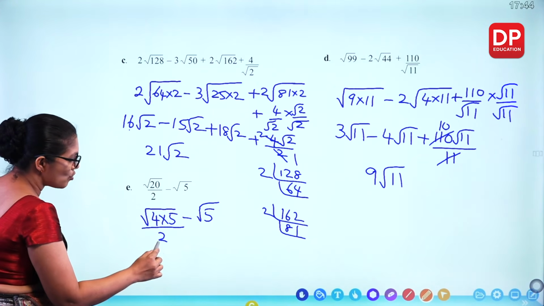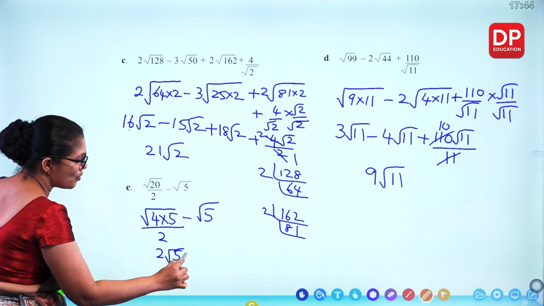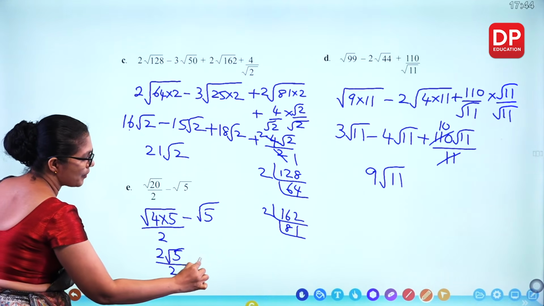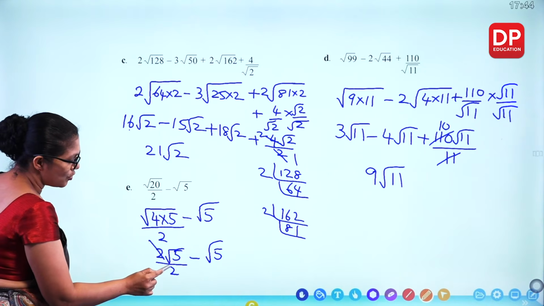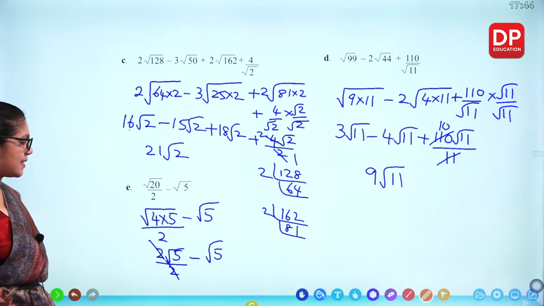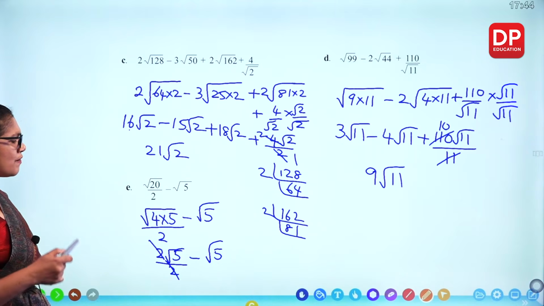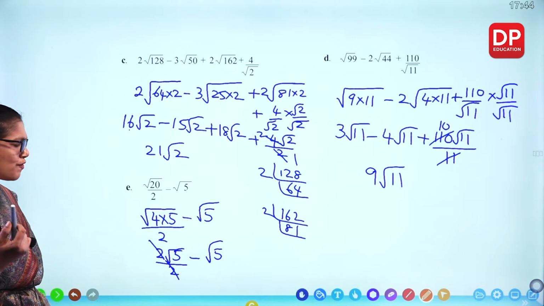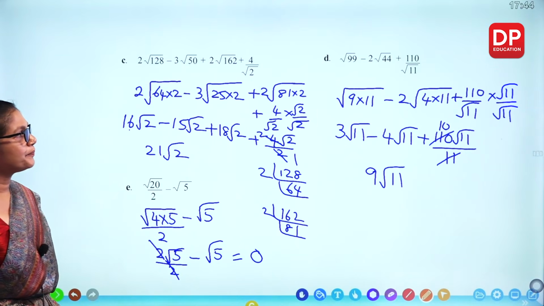I get square root of 4 is 2, and 2 root 5 divided by 2 minus root 5. Here 2 and 2 get cancelled out. You get root 5 minus root 5. What is root 5 minus root 5? You get 0.